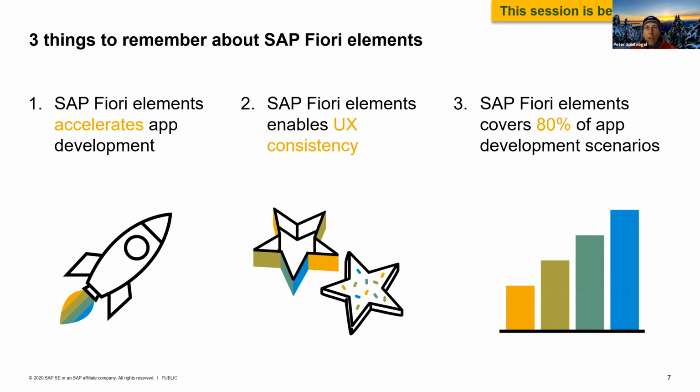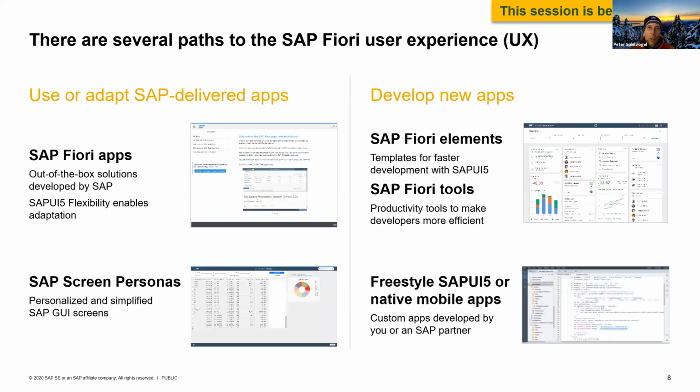And it's not a silver bullet that's going to let you create every app like that, but most of the time, and our own experience shows that it works in roughly 80% of the app development scenarios. And if for some reason it doesn't fit, we've got other solutions that allow you to do that.